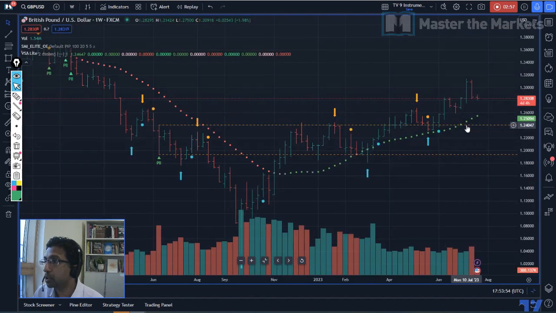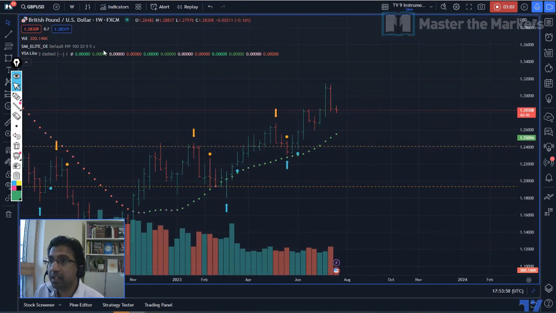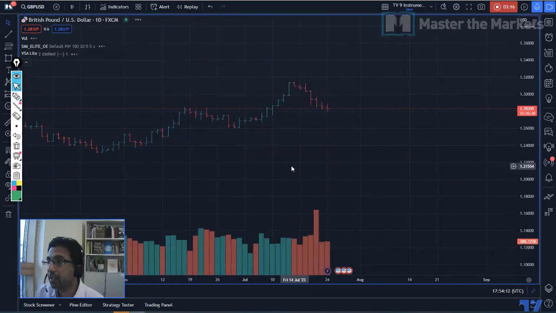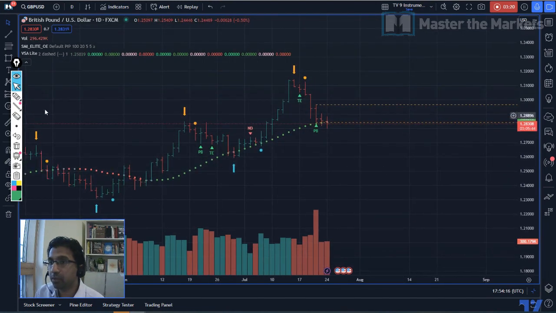Pound, the GBPUSD, traders. If I go on the weekly again, here I can look for a continuation move if I get a bottom on the daily, but more than that, I'm looking for a weekly top to confirm as well. If I take a quick look on the daily, I'm not having any daily bottom confirming.